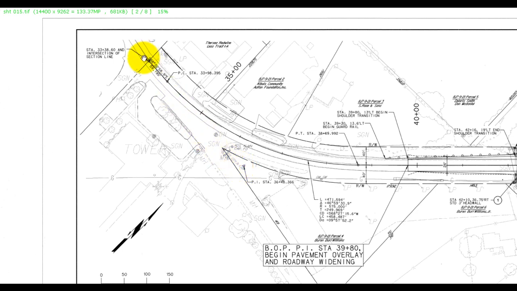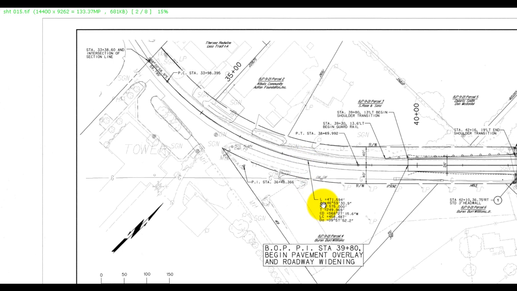But here, this is our beginning station, and then it gives us the bearing and distance to the PC of the curve, and it lists that station number. And here's our curve, and then it gives you the PT station, point of tangency station, and the PI station. And then it also right here lists the curve data.